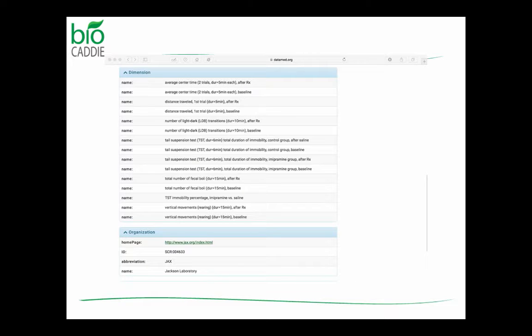We can make a connection between the number of fecal pellets that you might find in a mouse's cage. You can extrapolate that might have something to do with how anxious those mice are.